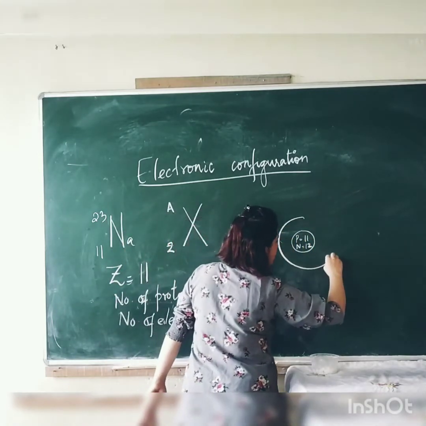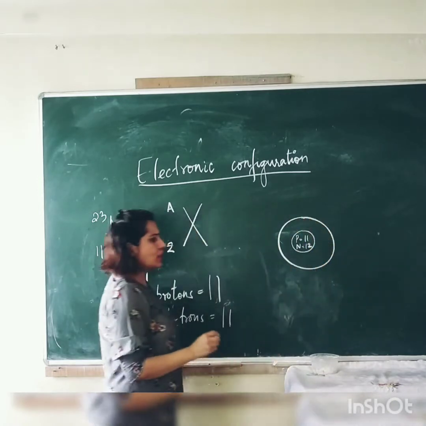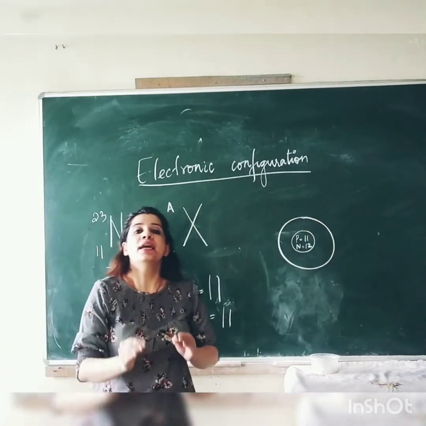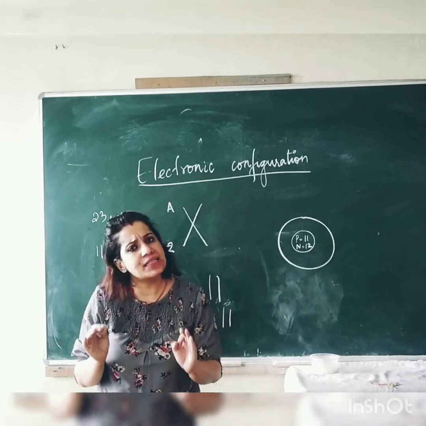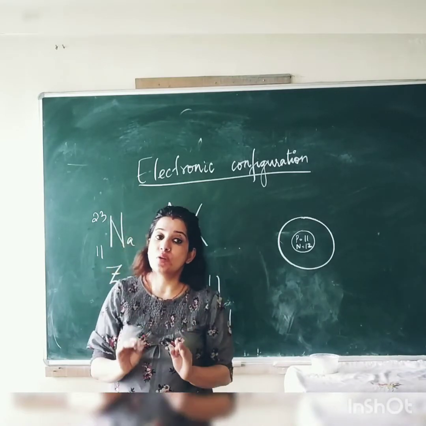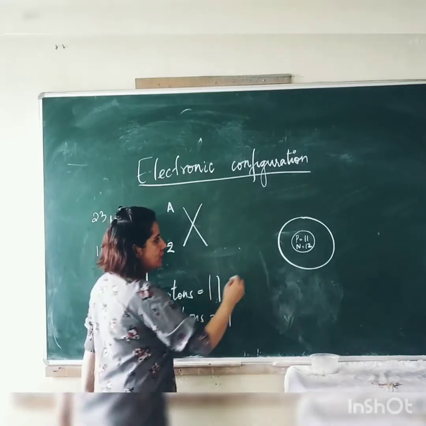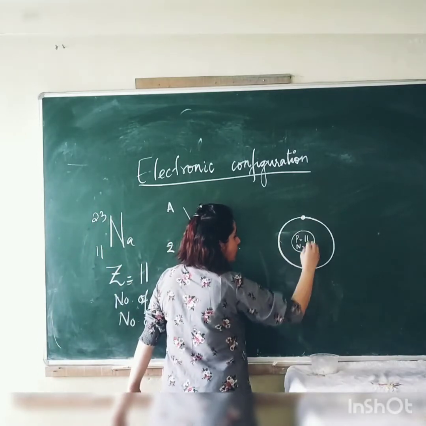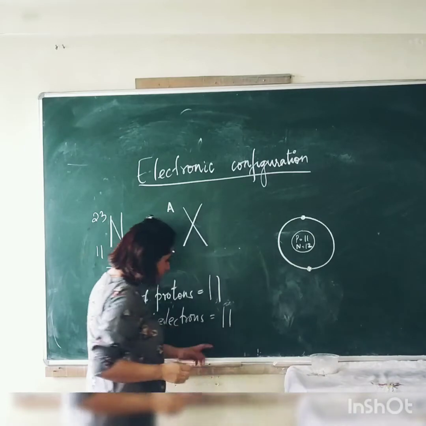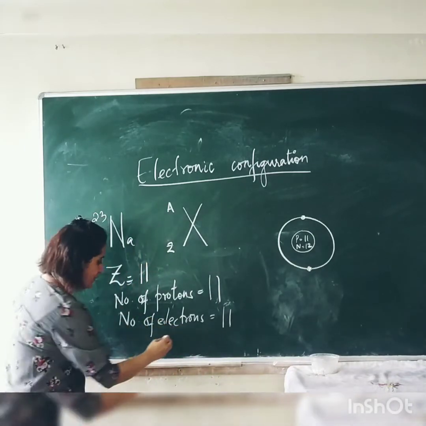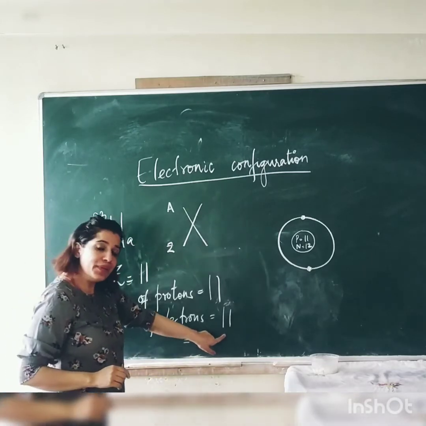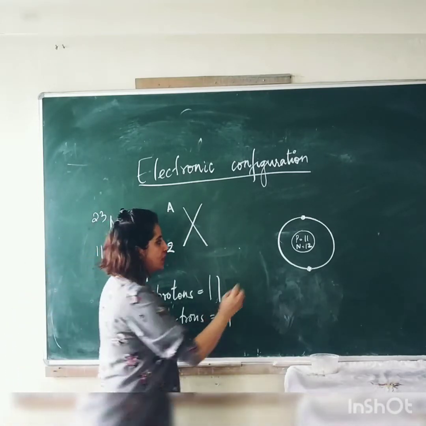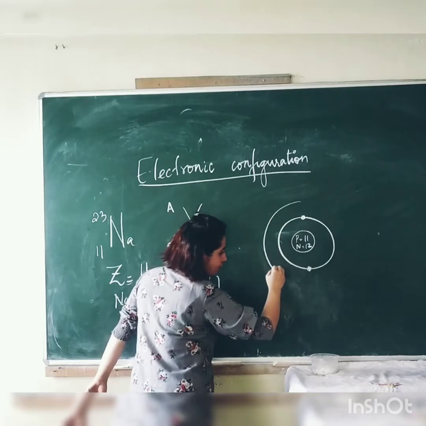Now the first orbit can hold only 2 electrons, maximum 2 electrons, not more than that. How many electrons did we have? 11. So in the first orbit, how many? 2. Now how many are left? 9 left. Now in the second orbit.